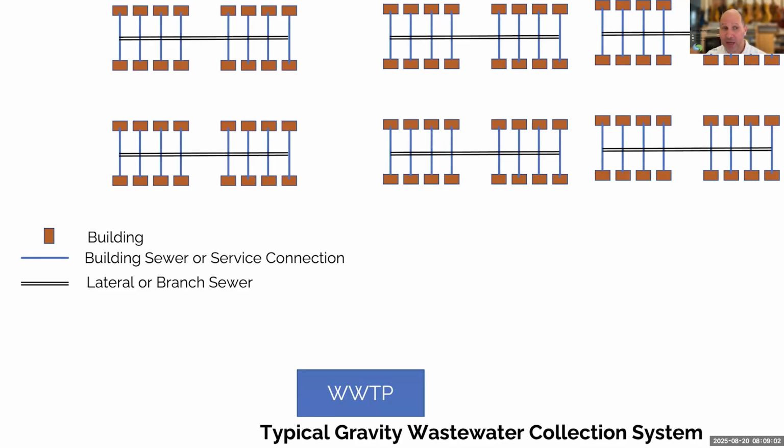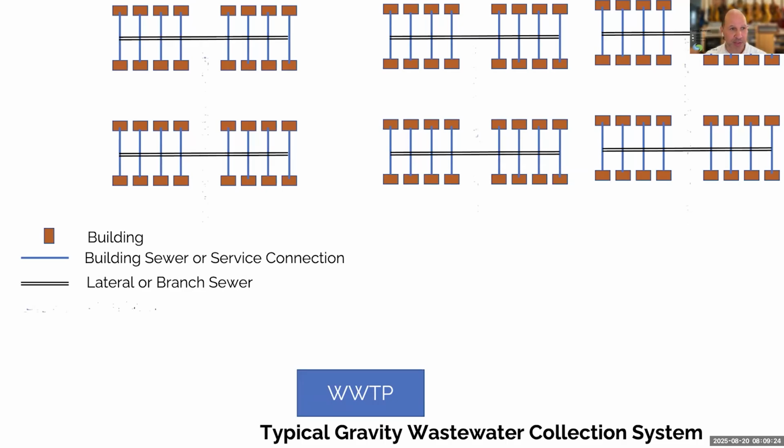Where these are located depends. Typically, they're in the streets, but in my neighborhood in Albuquerque, all the laterals are in the alleys behind the houses. So the mains run in the streets, but the branch lines run in the alleys behind the houses. Branch lines are obviously going to be bigger than the individual service connections because they're collecting flow from multiple service connections.